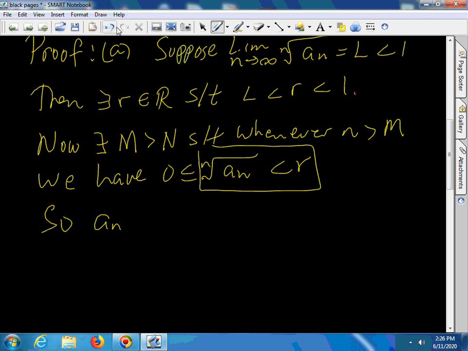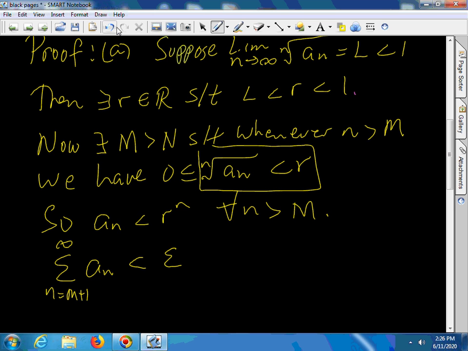So a sub n is less than r to the n, and this is for all n bigger than M. That is, the summation of a sub n as n goes from M plus 1 to infinity is going to be less than the summation as n goes from M plus 1 to infinity of r to the n.